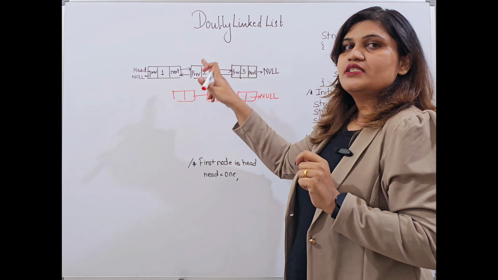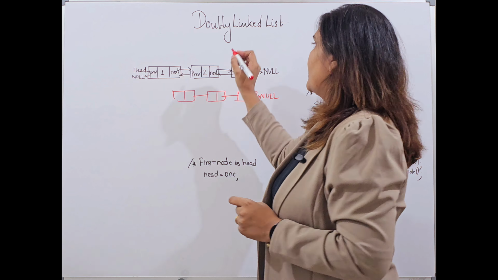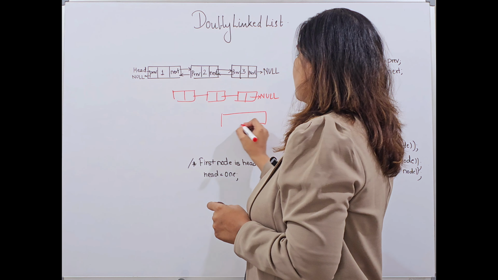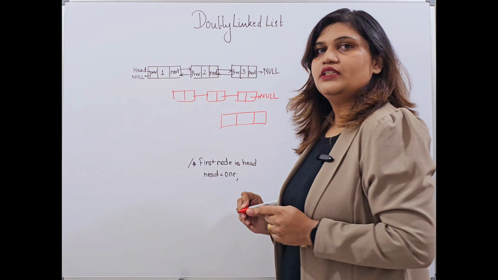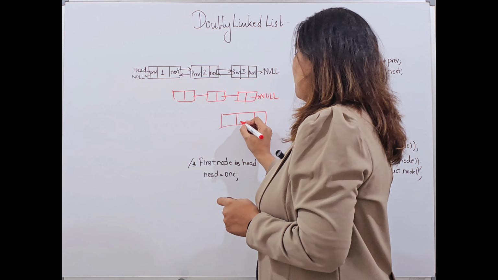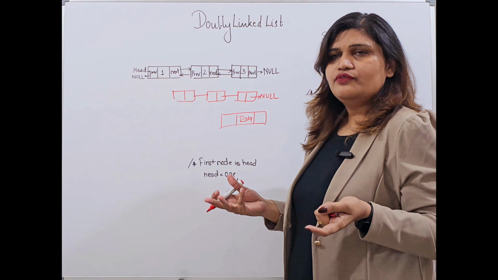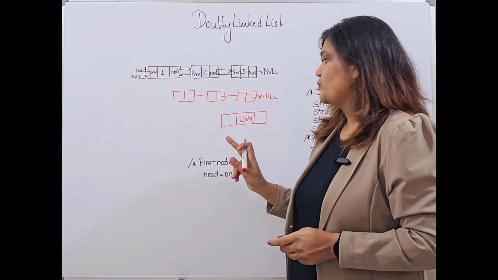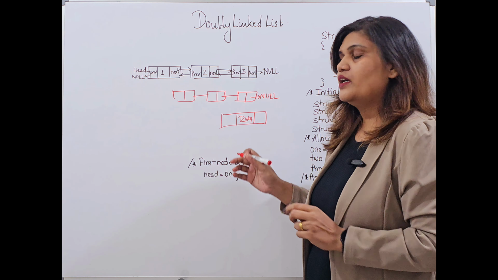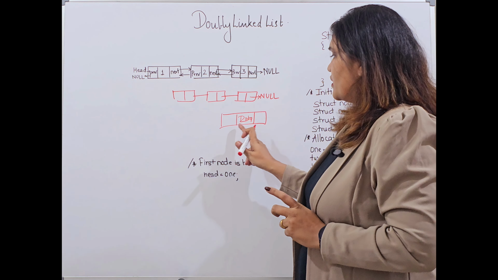Now in doubly linked list, you can see the node looks something like this. There are 3 parts to it. The middle part is data. We already know, we have worked with singly linked list, so we know the data part. Now what are these 2 parts?